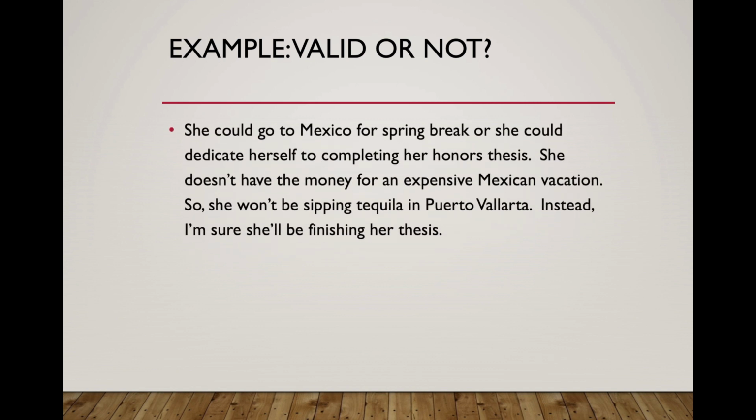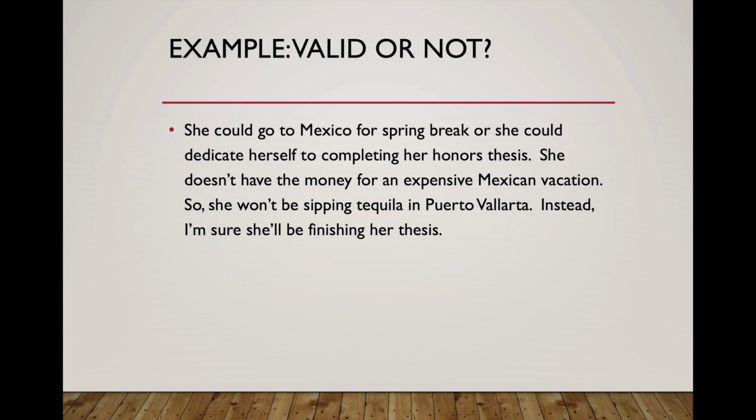Here's another example. She could go to Mexico for spring break, or she could dedicate herself to completing her honors thesis. She doesn't have the money for an expensive Mexican vacation, so she won't be sipping tequila in Puerto Vallarta. Instead, I'm sure she'll be finishing her thesis. So here again, you probably recognize this as a disjunctive argument.